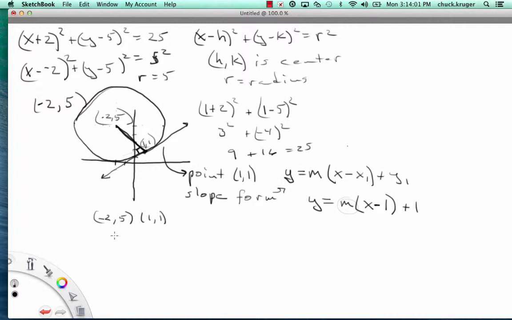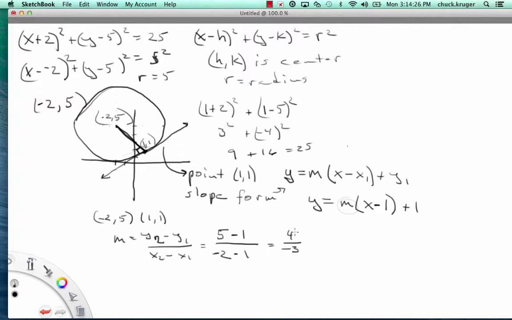And so my slope is the difference between my y's, y2 minus y1, over x2 minus x1. So in this case, I'm going to have 5 minus 1, and over here I'm going to have negative 2 minus 1, and I get 4 over negative 3.